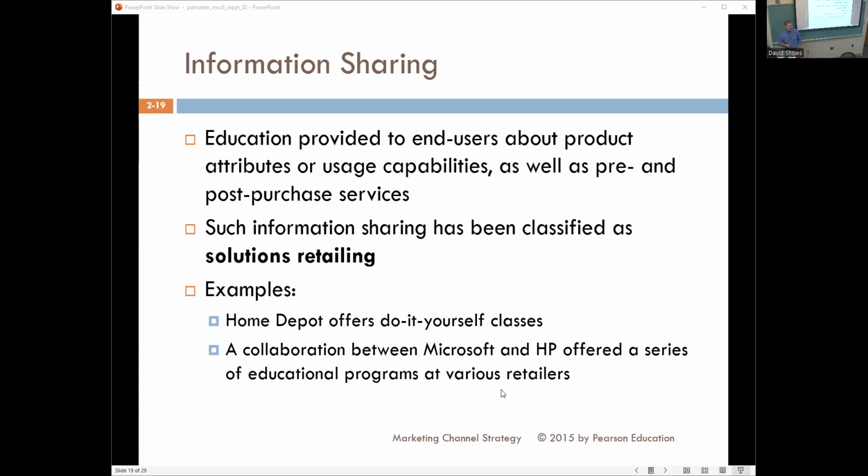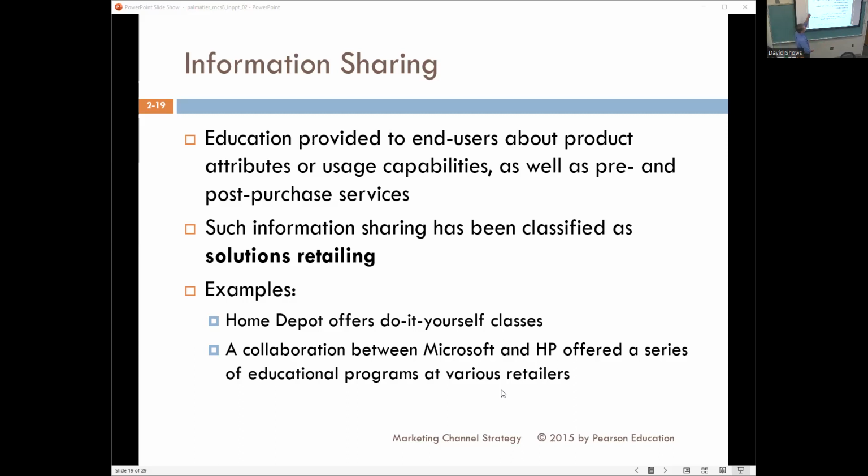If you go to Lowe's, not the supermarket, but the home improvement center, usually on the right-hand side, there's a chalkboard there, and it'll tell you like Wednesday night from 6:30 to 7:30, we'll show you how to put in grout. We'll show you the proper way to install tile, those kinds of things. That's an example of solutions retailing, because it also shows you how to use the goods in their store to do the solutions.